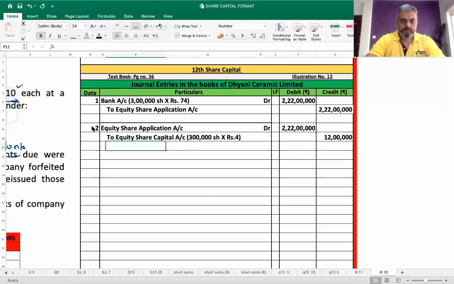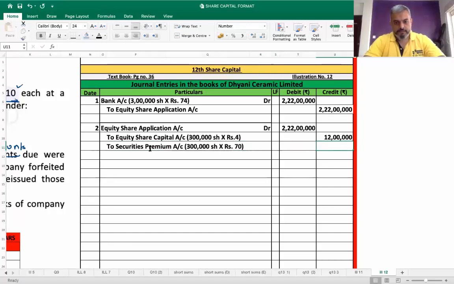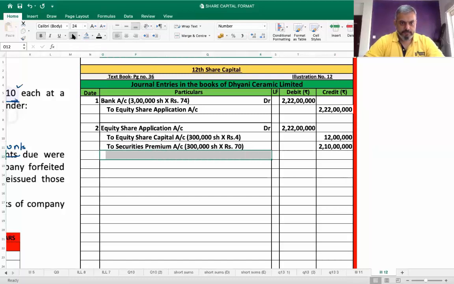To securities premium account. 3 lakh shares into rupees 70, 2 crore 10 lakhs. Close it.